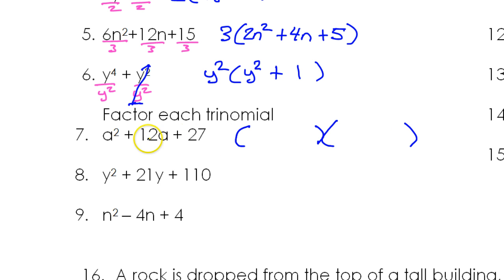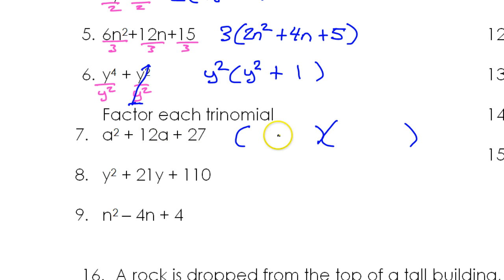Now, before you do that, you should always look and see if there's a common factor. In my class, I will often ask my students, what's the first step of factoring? And they should all say in unison, GCF, because that's the first step of factoring. Always look and see if there's a common factor.